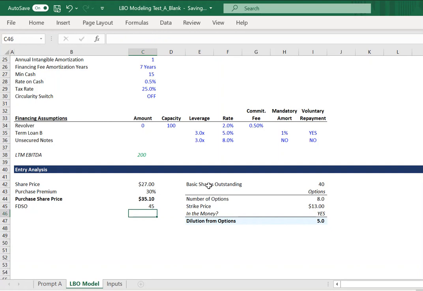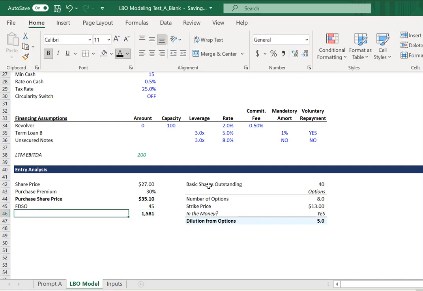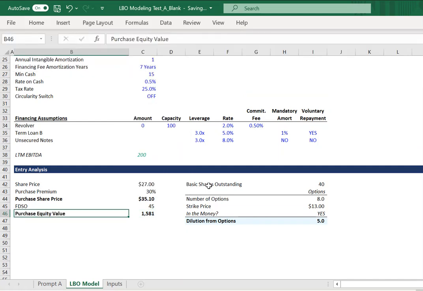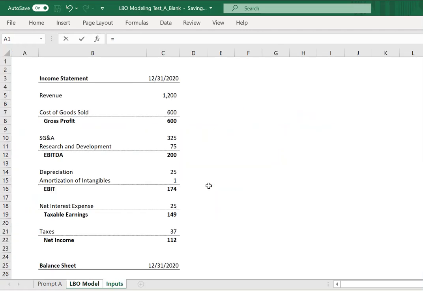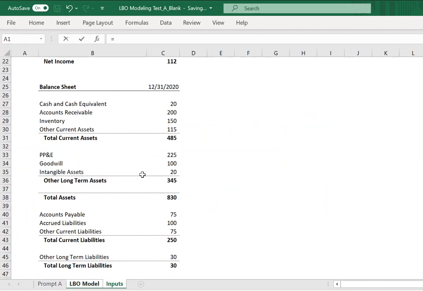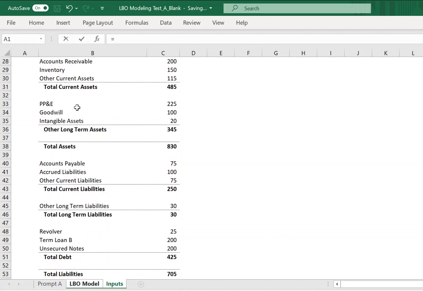All right, so when we multiply our purchase share price by our fully diluted shares outstanding, we're going to get our purchase equity value, right? And then if we add our debt and we subtract our cash, we're going to arrive at our purchase enterprise value. So let's go ahead and link up the debt to the pre-transaction balance sheet.